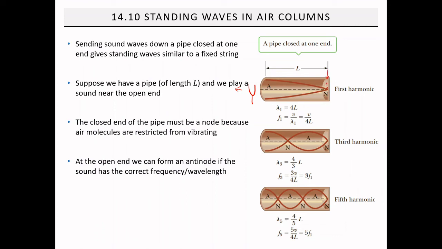You have molecules all the way up against this wall, and they cannot vibrate because they have a wall next to them, and the wall is not moving. Since those molecules are not moving, the closed end of the tube has to be a node. At the open end of the tube, we can form an antinode if the sound has the right wavelength.